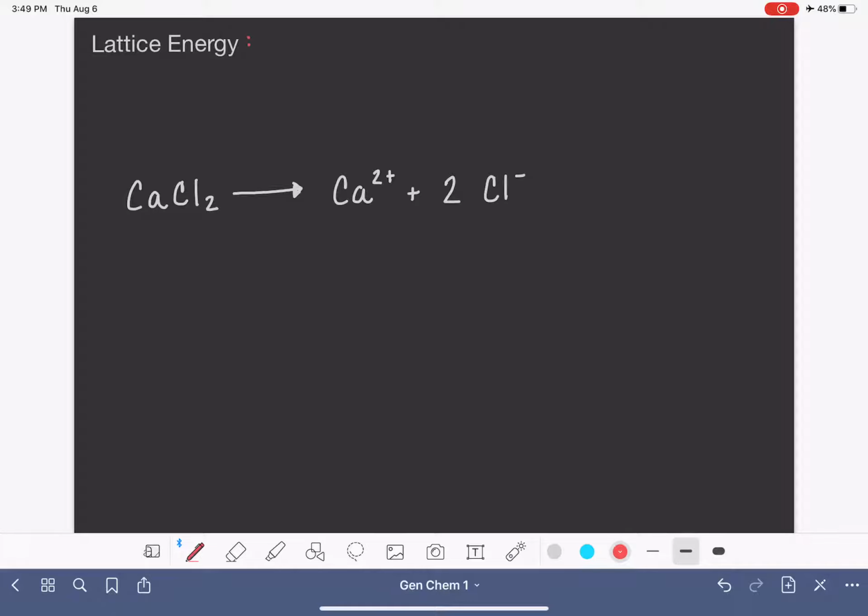So the definition of lattice energy is that it is the energy that is required to convert 1 mole, so we're talking about a very specific quantity, 1 mole of a solid ionic compound.